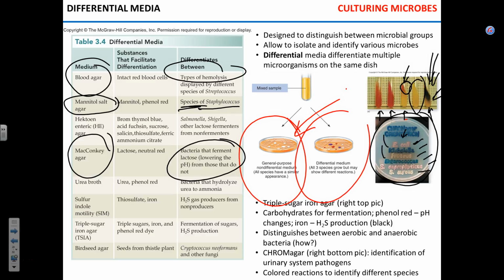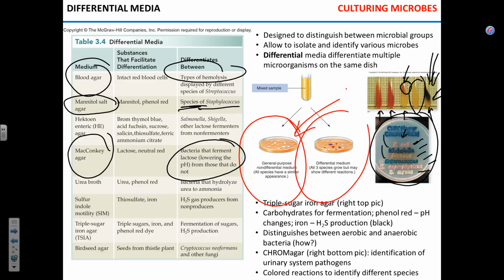So the ones that digest lactose, that ferment lactose, would you consider them to be normal inhabitants of the tract? Most likely, yeah. Right? Because lactose always comes, and they're used to it. And if there's something that cannot ferment it, this is suspicious.